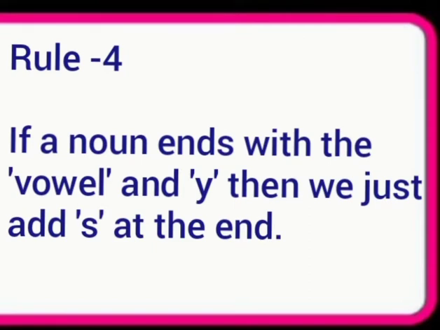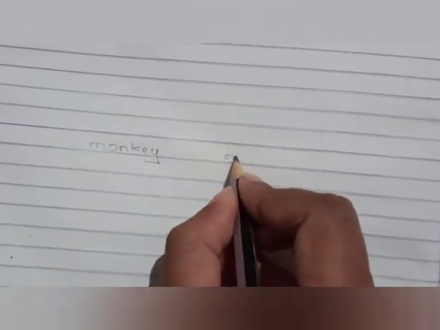Rule 4. If a noun ends with a vowel and Y, then we just add S at the end. For example, monkey. One monkey, many monkeys.